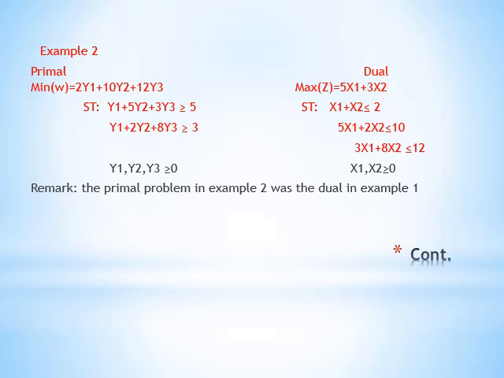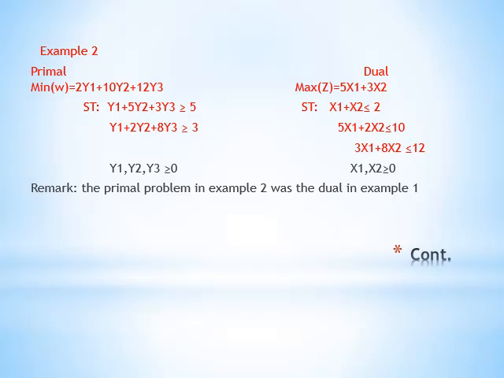Or, the first constraint in the dual is the first column in the primal. The second constraint represents the second column in the primal. The last constraint in the dual represents the last column of constraints in the primal.